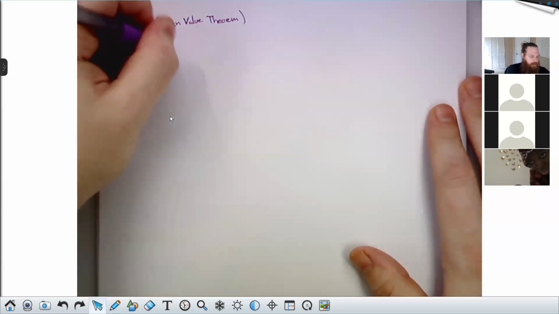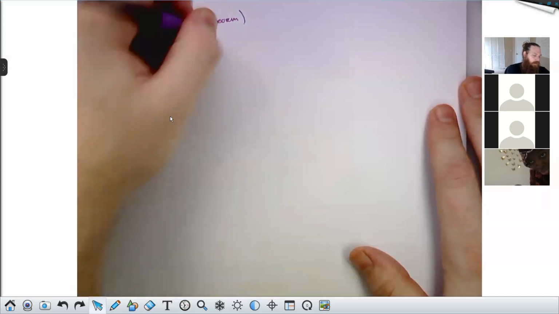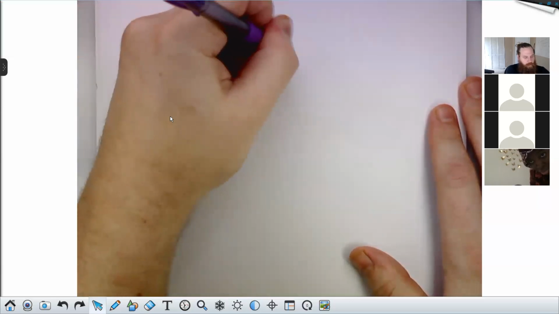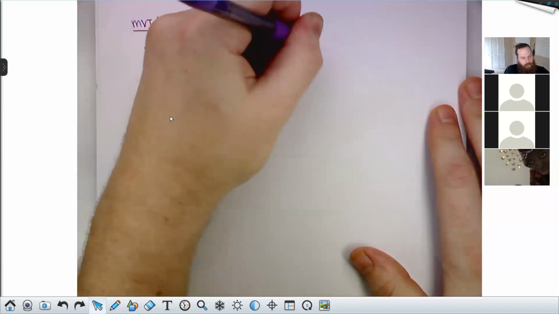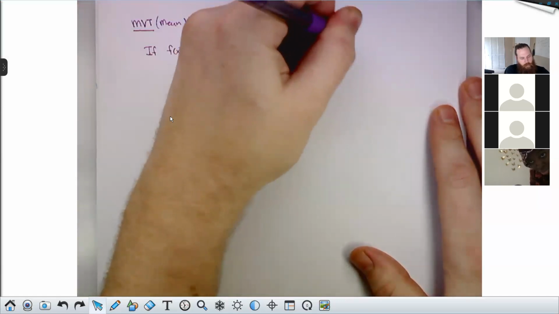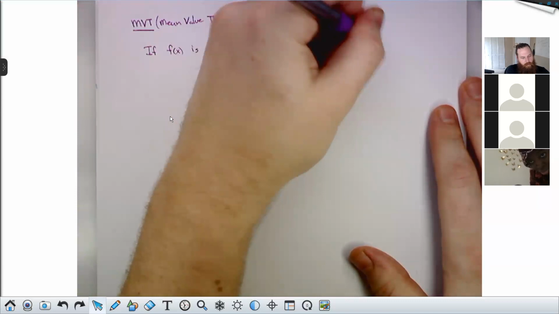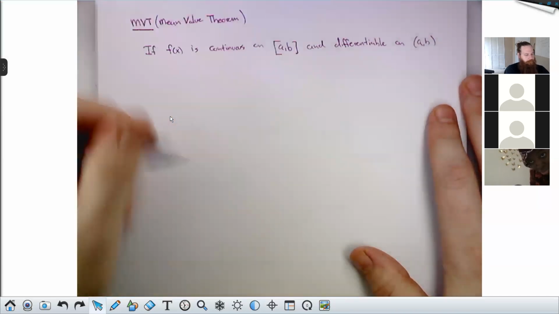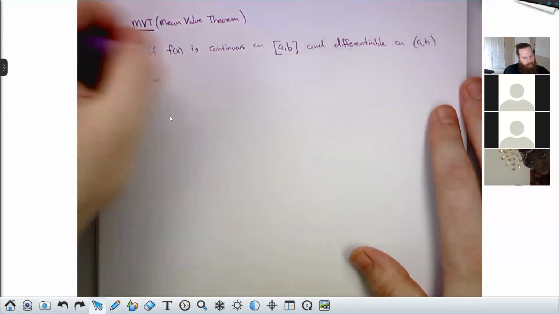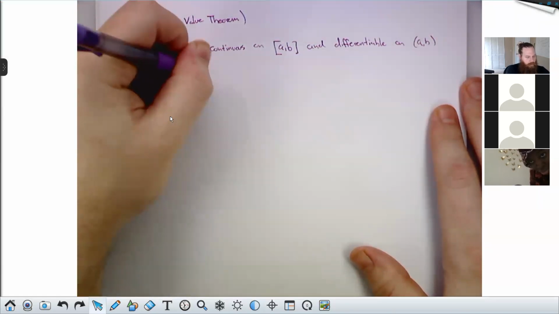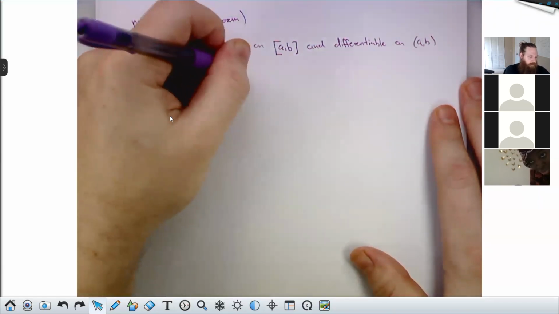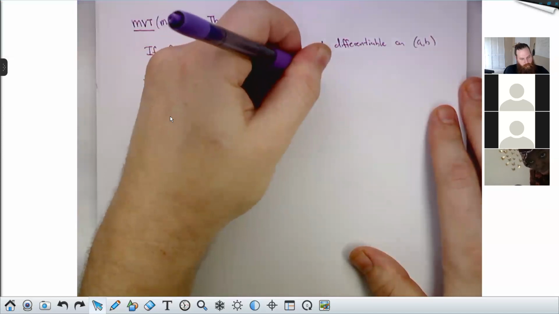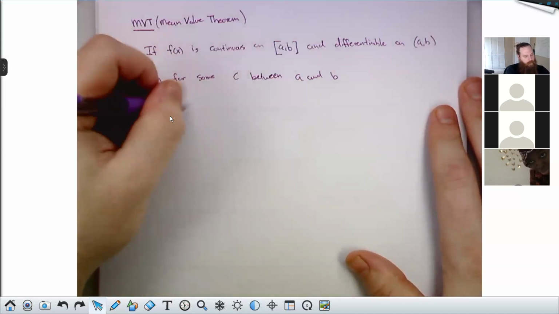If f of x is continuous on the closed bounded interval [a, b] and differentiable on the open interval (a, b), then for some number c between a and b, we have the following.